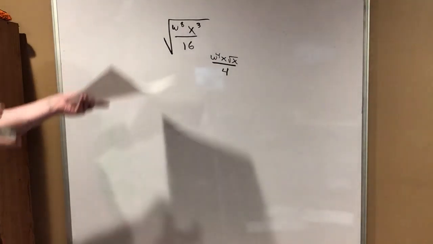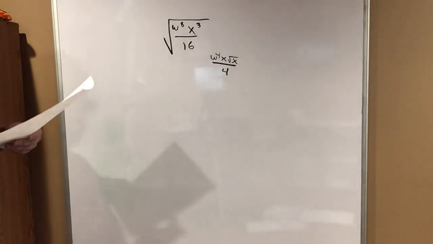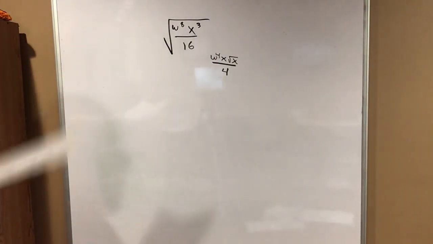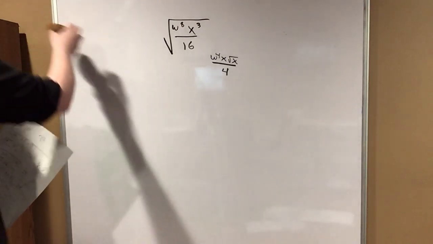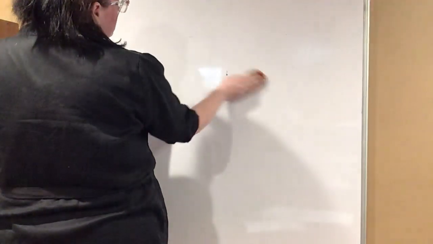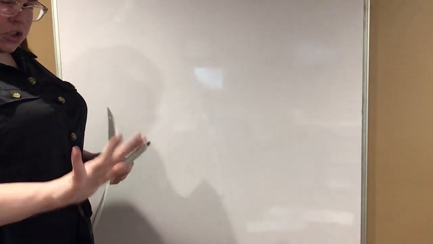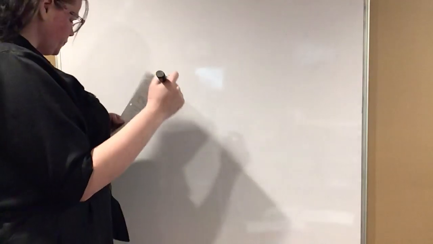So, that's basic division. But now we're going to be asked to rationalize our denominator. Rationalizing the denominator means you're not allowed to have a radical in the denominator at all. That's just not allowed in math.